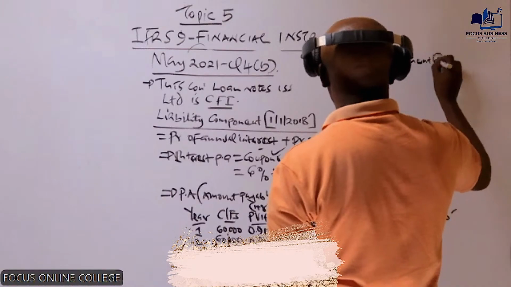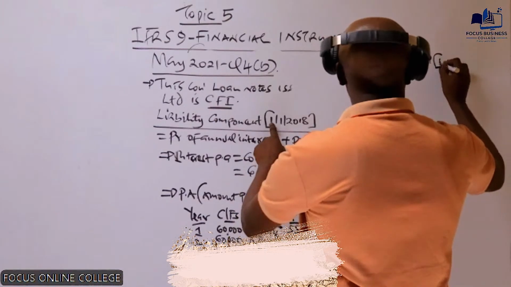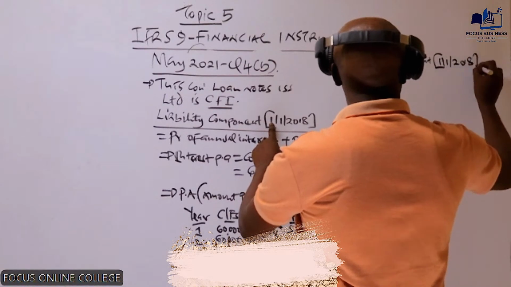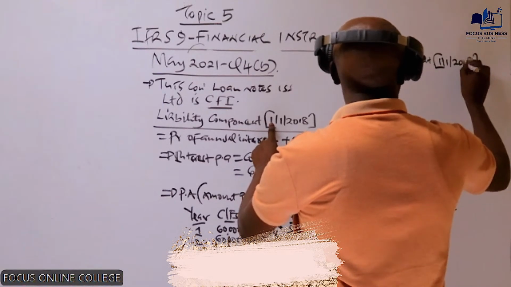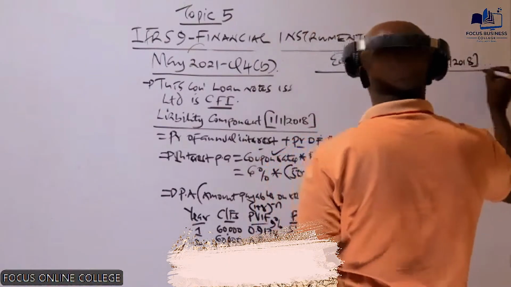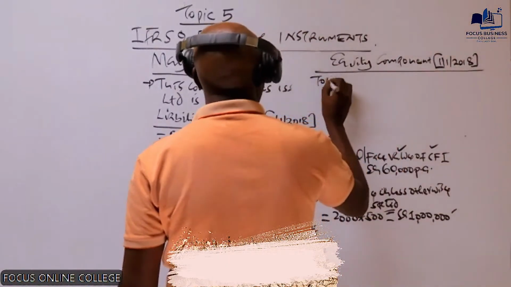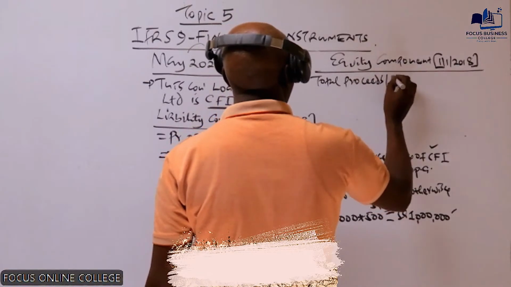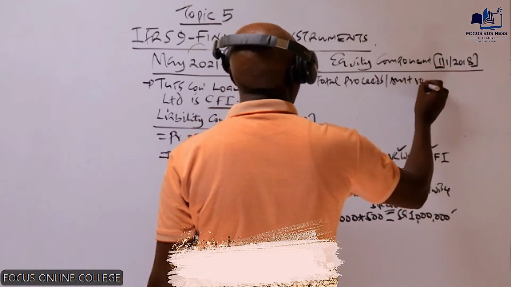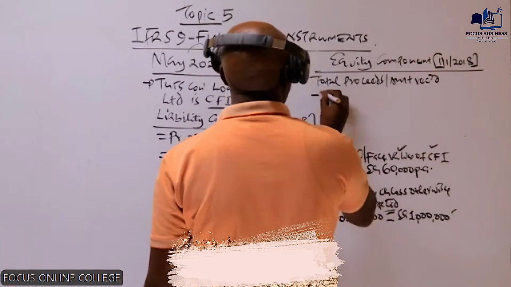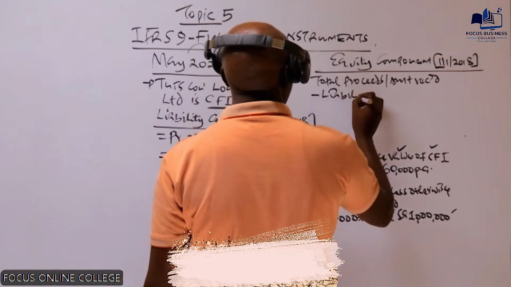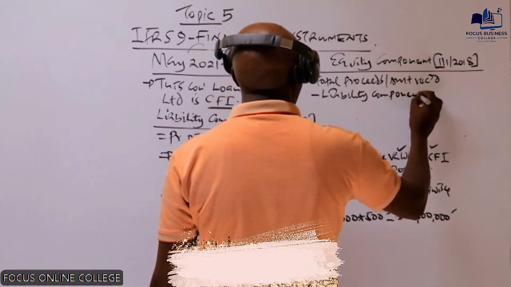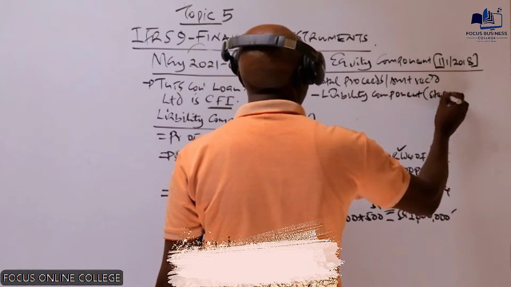The equity component will also be computed on this date, the date of the issue, 1st January 2018. So how do we compute this one? Remember, I've given you the formula: the total proceeds, the amount received, minus the liability component, which we computed in step 1.